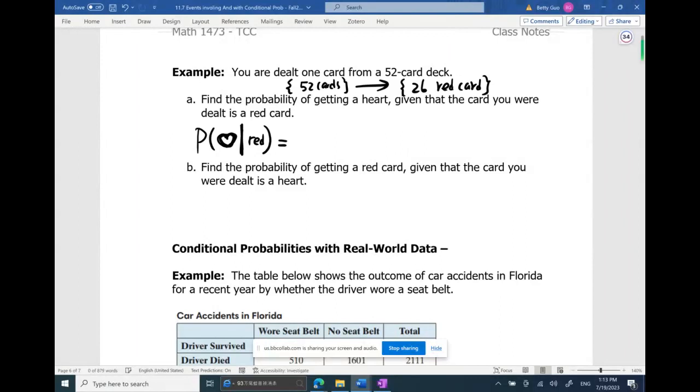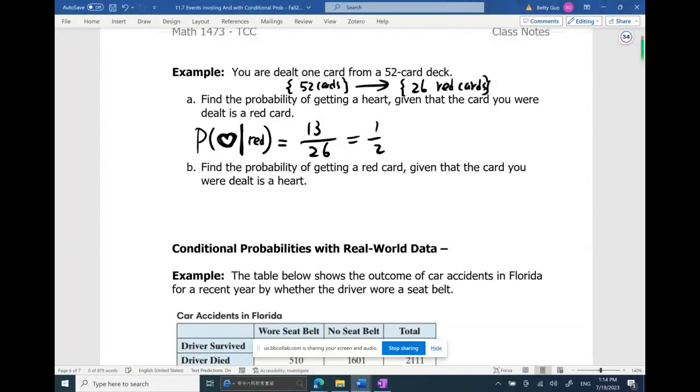So we have 26 red cards. Your sample space shrinks to a set containing those 26 red cards. 13 are hearts, the other 13 are diamonds. So your denominator is not 52 anymore, it is 26. Among the 26 red cards, how many of them are hearts? 13 of them, right? So the probability is half.